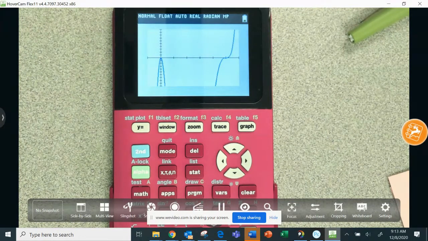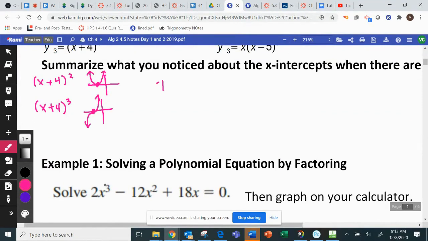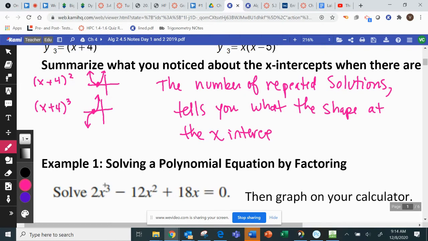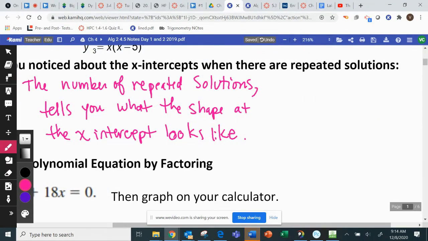So the number of repeated solutions tells you what the shape at that x-intercept is going to look like.